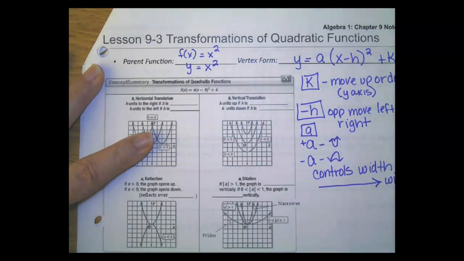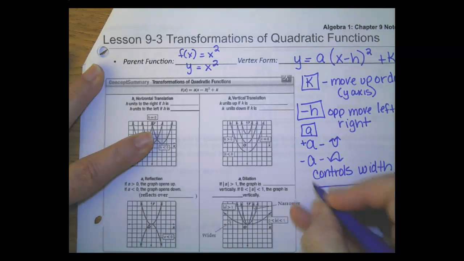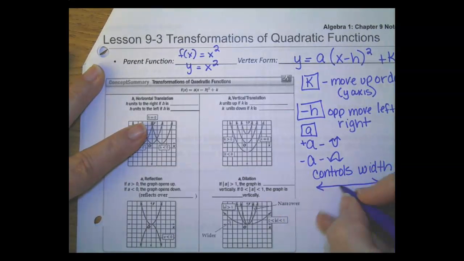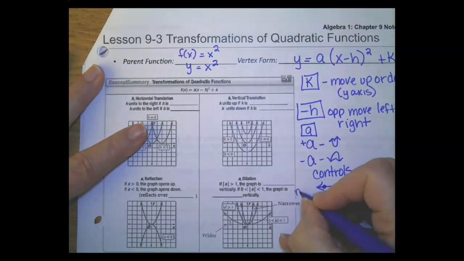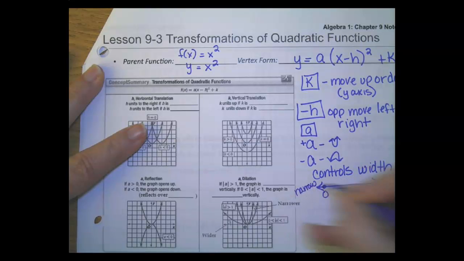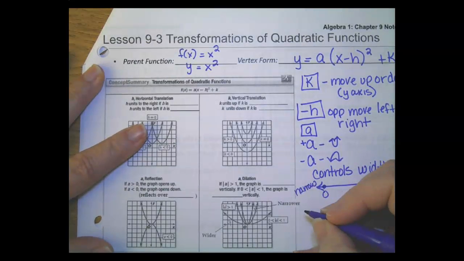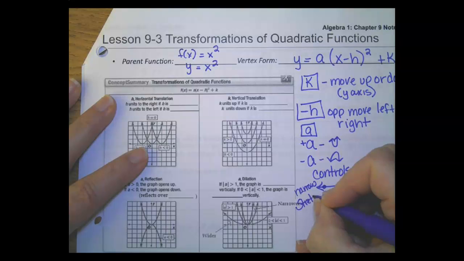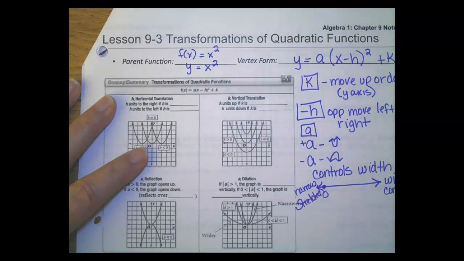They call that compressed. If you're this way, let's say here's 0, it gets narrow, or stretched. I think I have those backwards.